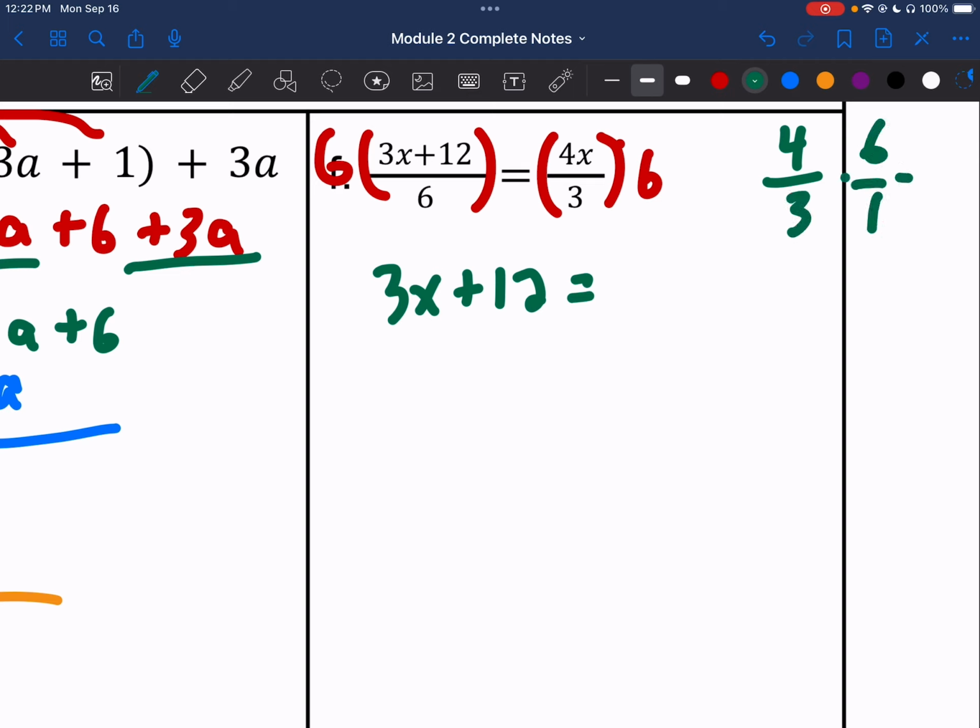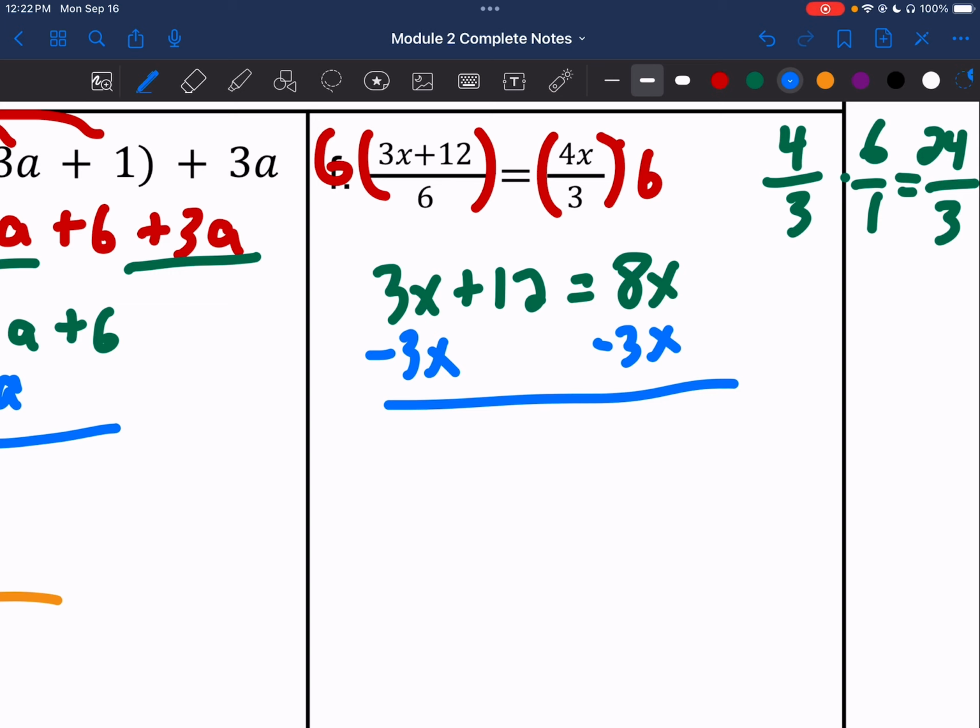So that's going to be 24 over 3. And 24 over 3 is going to reduce to 8x. So my next plan will be to subtract 3x from both sides. And I get that 12 is equal to 5x.